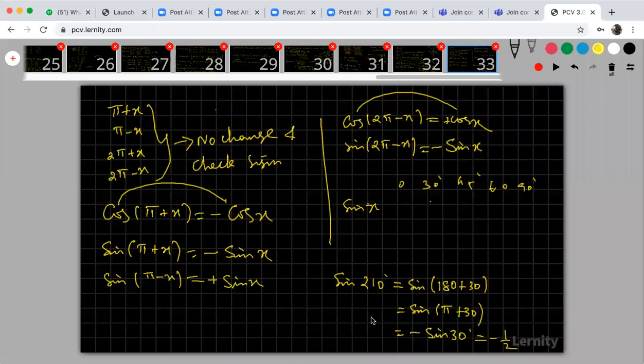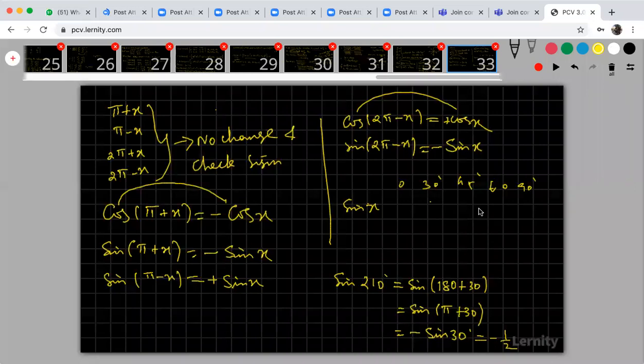So if you know this table, based on this table and these identities, we can find the value of any angle: sine 210, sine 270, sine 360, sine 310, everything. No need to memorize all the values.